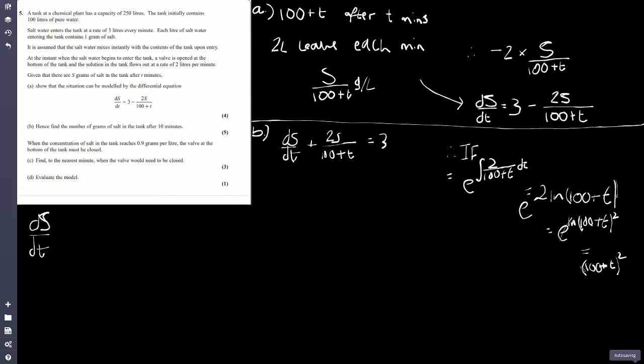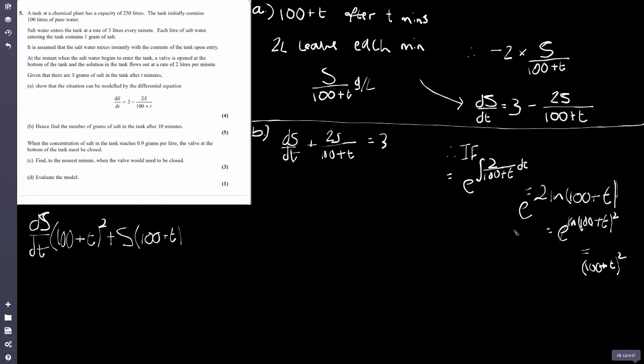Times by my integrating factor, so (100 + t) all squared. Times this now by (100 + t) squared, but notice I've got 100 plus t on the denominator, so that'll cancel with one of them. So I'm going to get now 2s lots of (100 + t).